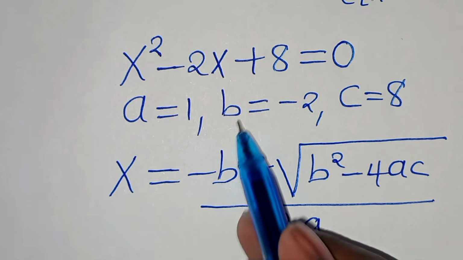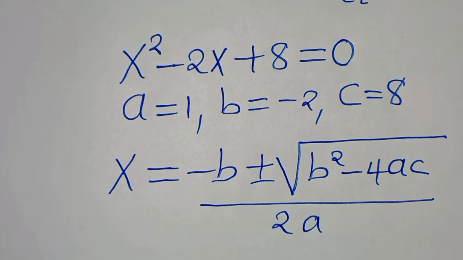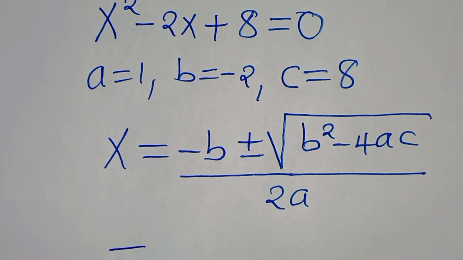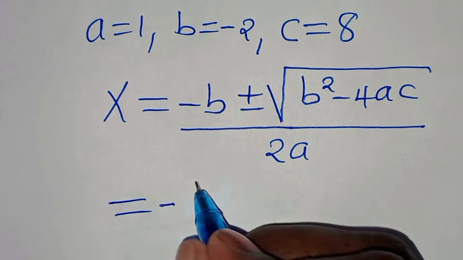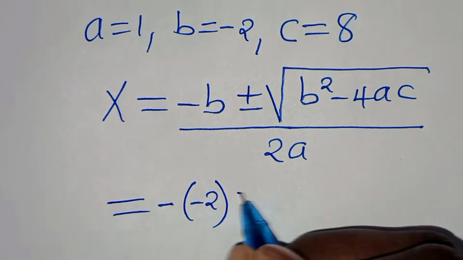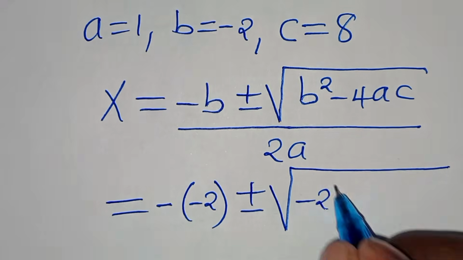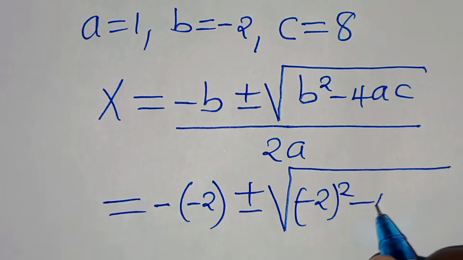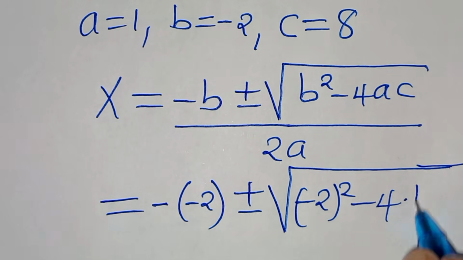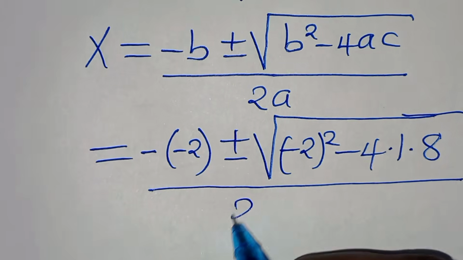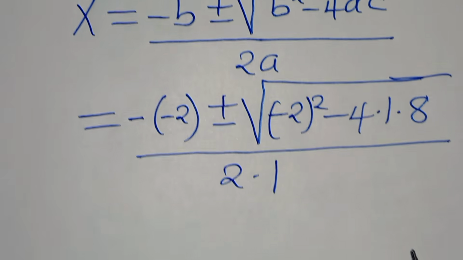Let's substitute a, b, and c into this formula. Now this implies that we have minus minus 2 plus or minus the square root of minus 2 raised to the power of 2, minus 4 times a, which is 1, times c, which is 8, everything divided by 2 times 1.